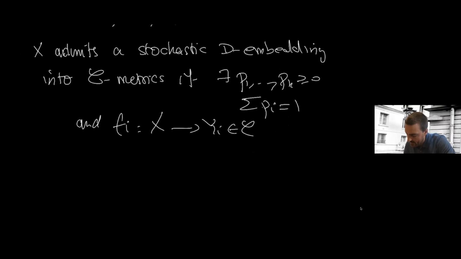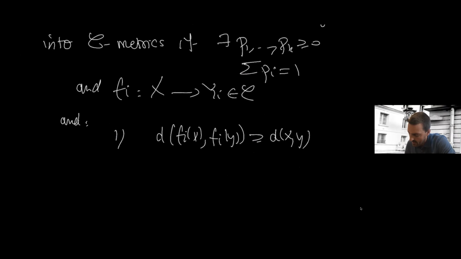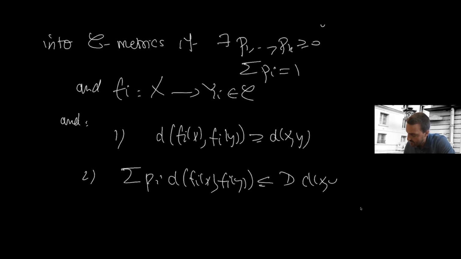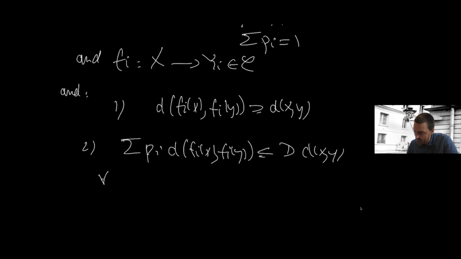And you want two conditions: one, that it's non-contracting, and two, that on average you have distortion D. And this for every pair of points.